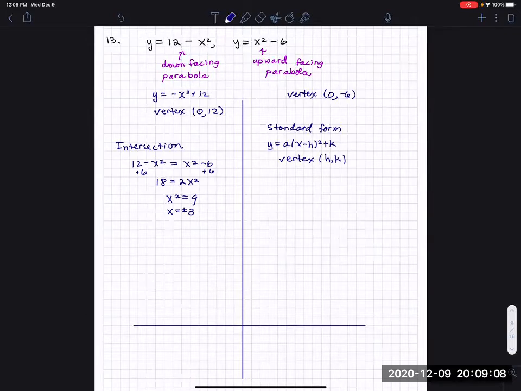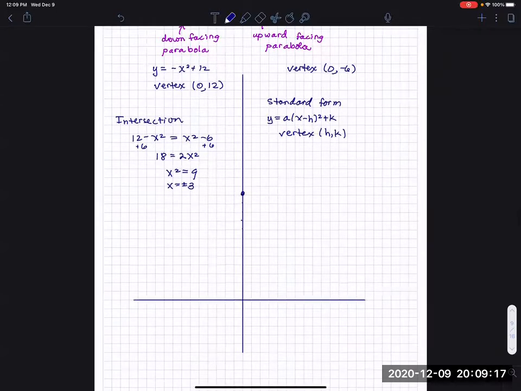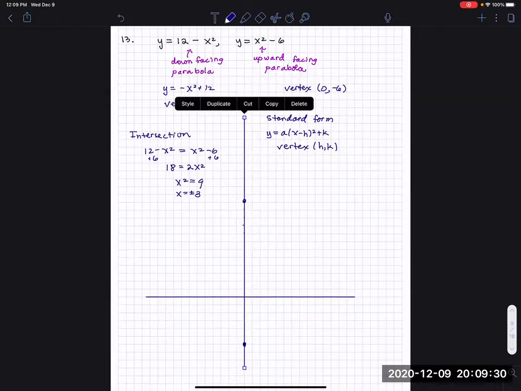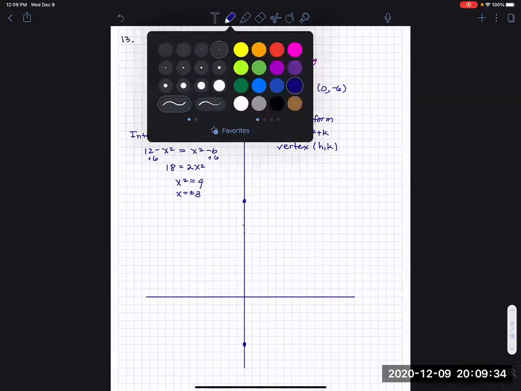Okay. 1, 2, 3, 4, 5, 6, 7, 8, 9, 10, 11, 12. That gives me (0, 12), and the other one is down by 6. 1, 2, 3, 4, 5, 6. All right. Otherwise, y equals x squared is something we've sketched a lot, and so these are just regular old parabolas that have been shifted up or down.